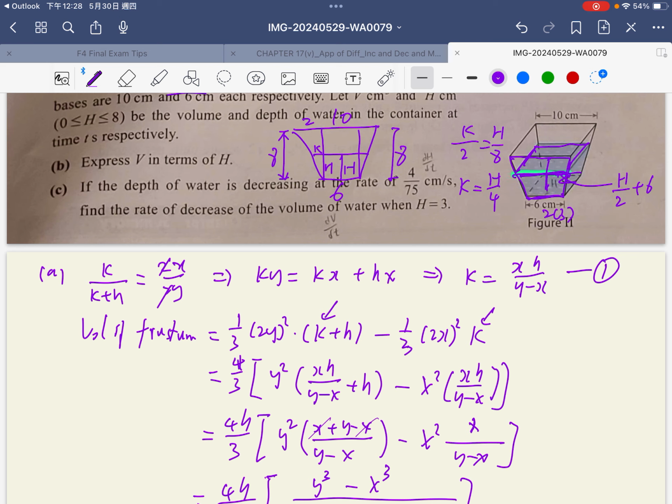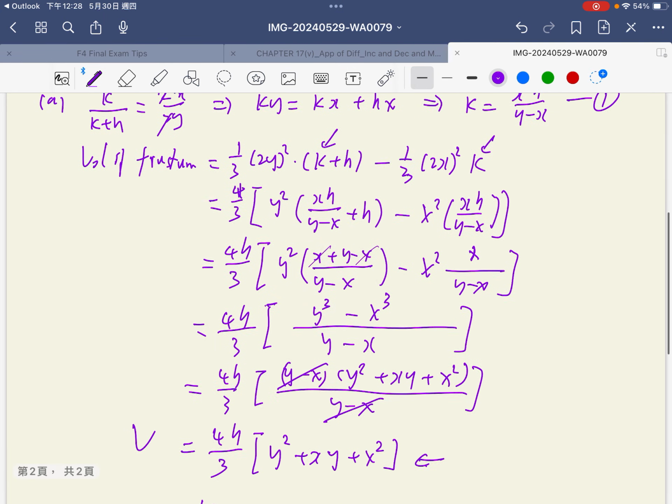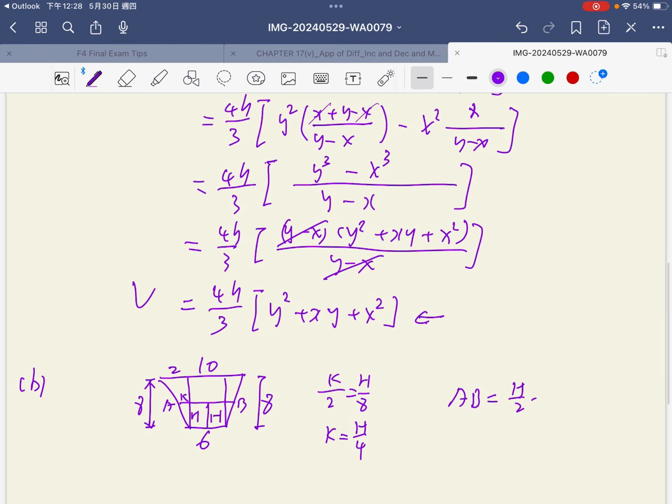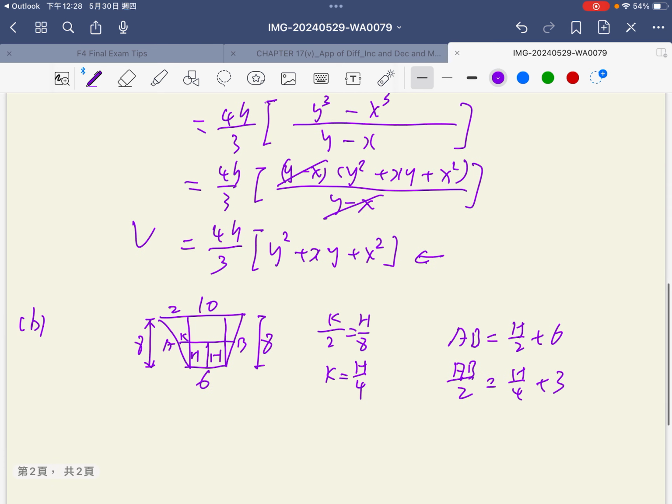Let the point A be here, so AB equals, let me check, H over 2 plus 6, and half of it is H over 4 plus 3.